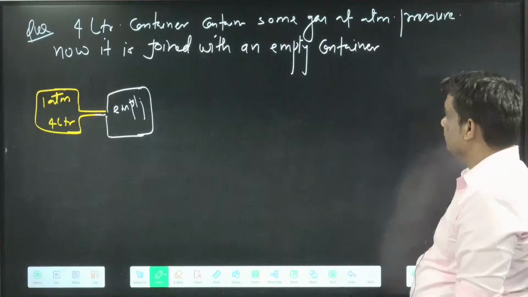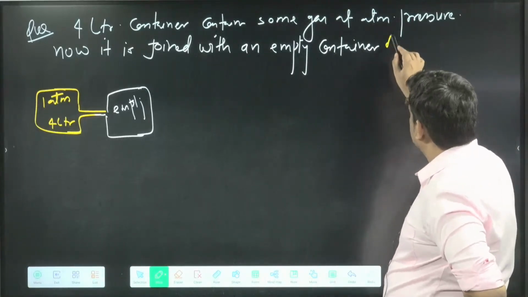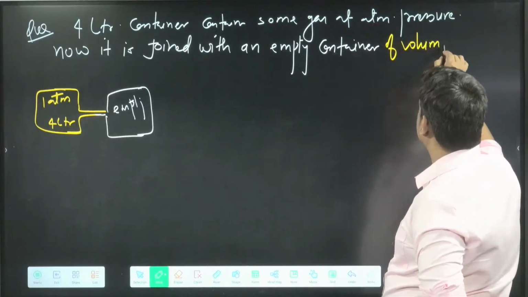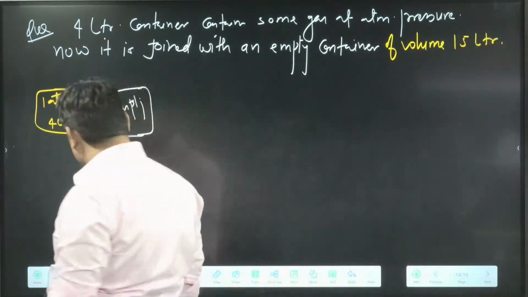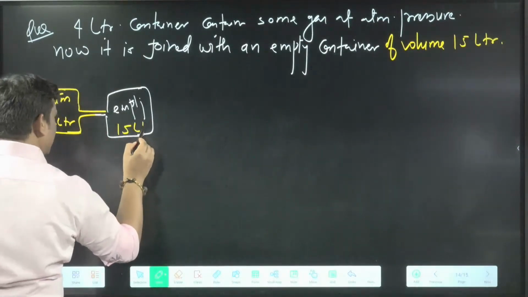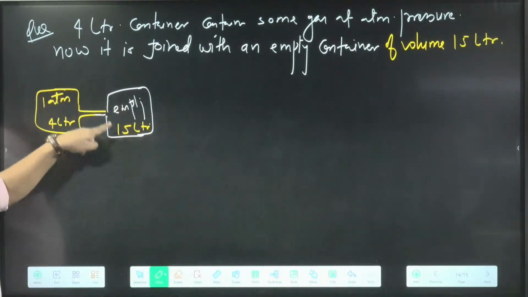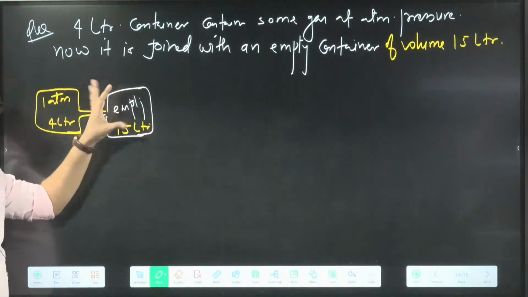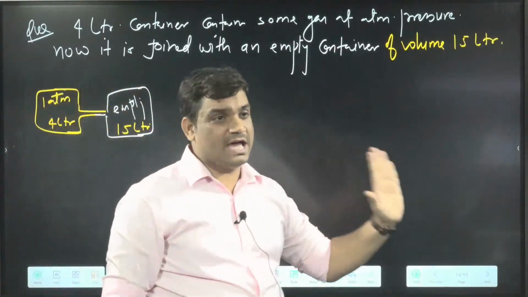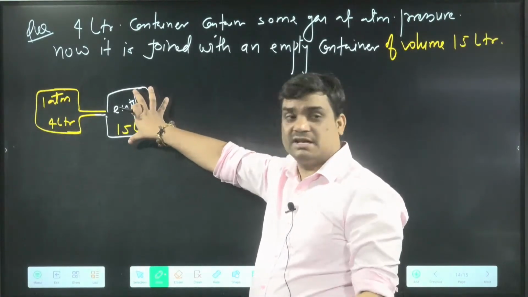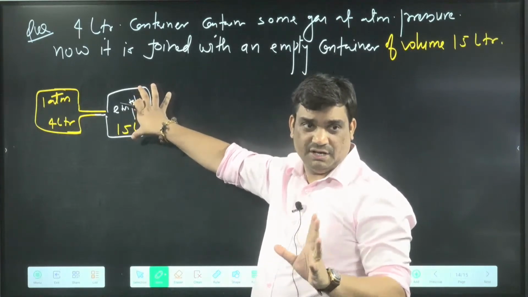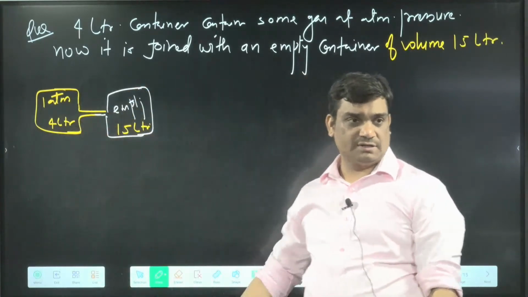A container of volume 15 liter. Now we are joining it. This is the 15 liter container, but there is nothing in it, no gas. So how many moles are there in this container? You can say, sir, there are no moles actually. Only in the first container moles are there.